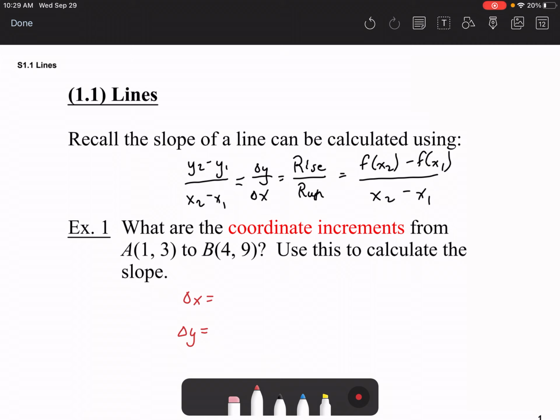So the change in x went from 1 to 4, so 4 minus 1, which is the value 3. And the other one went from 3 to 9, so 9 minus 3 is 6. So using that, change in y over change in x is 6 over 3, which is equal to 2. So this is your slope.